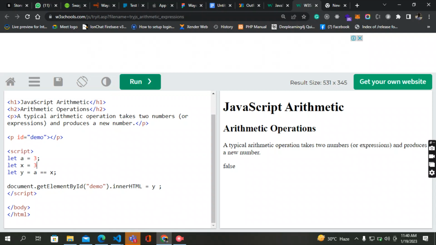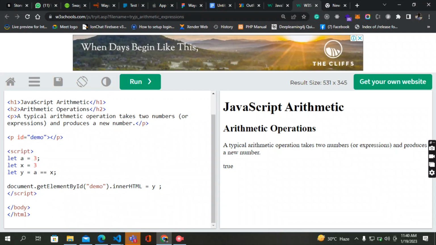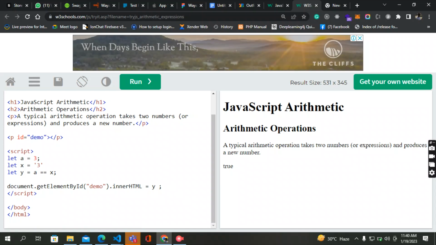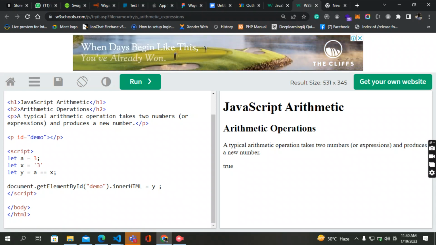Let me remove this. I think this one is right. So we have true. So that means A is equals 3. But what if I say this is a string? It will still return true because 3 and 3, they are the same thing.